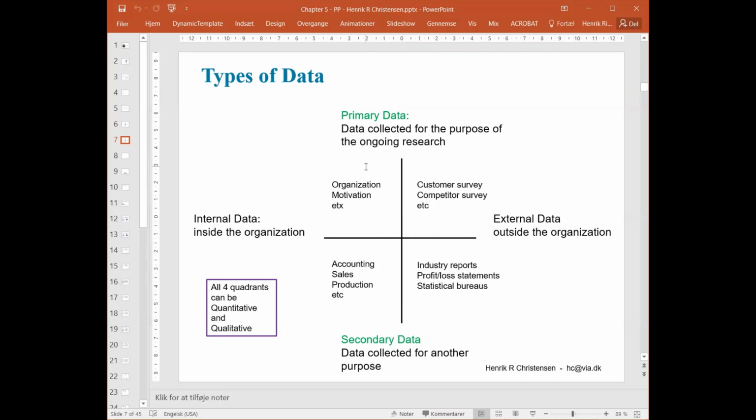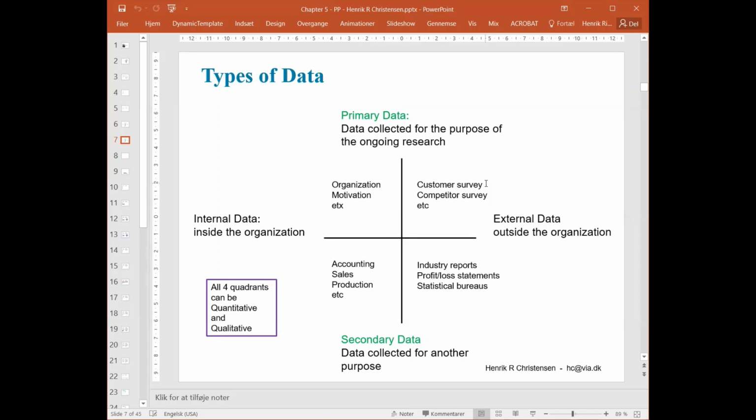And in the same way as indicated before, we can collect primary data from our external environment. That could be customers, for example, could be about competitors, etc. So if we want to collect primary data about customers, then we might want to collect data about their buying behavior. And we would then have to investigate that.